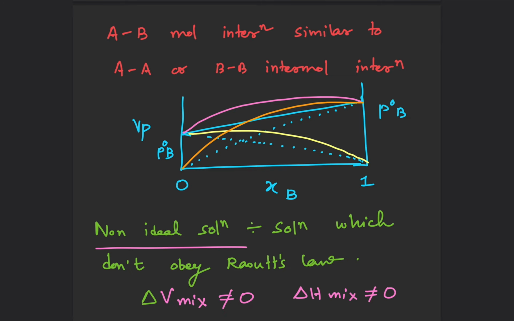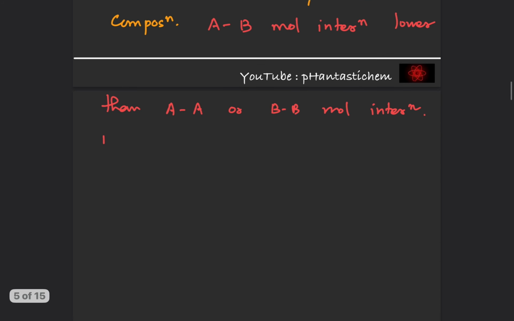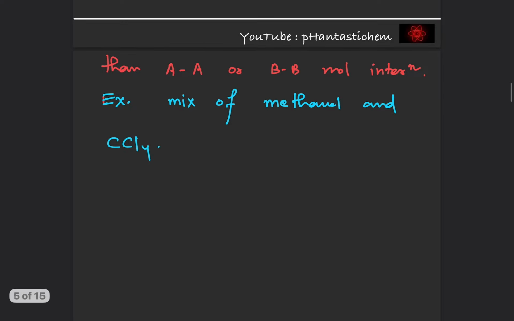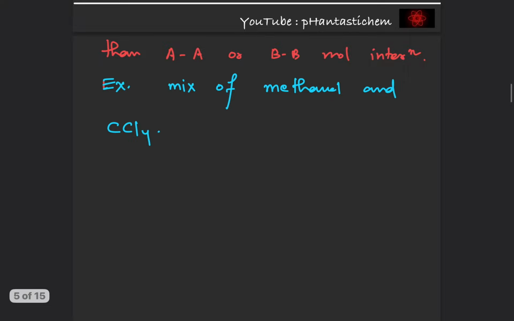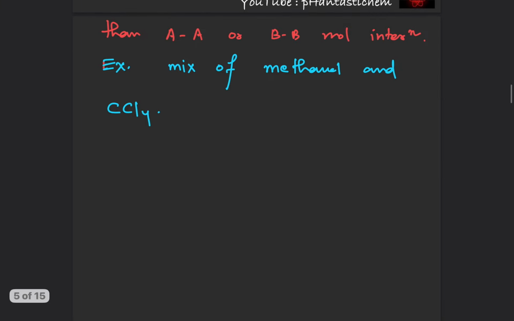Okay, so a very important example is the case which is given to us, that is a mixture of methanol and CCl4. Okay, so if you have pure methanol, a very high fraction of molecules are hydrogen bonded because they're alcohols, and alcohols show intermolecular hydrogen bonding. So they exist something like this, in this way.